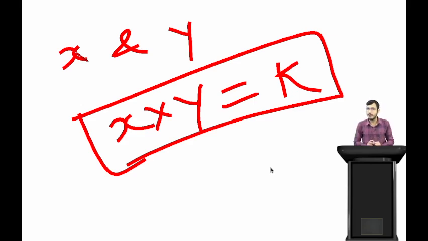So remember always, this is the basic definition. If x and y are in direct proportion, then x upon y is constant always, and for indirect or inverse proportion, the product of x and y is equal to k.